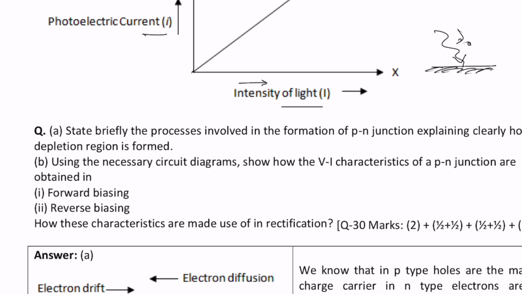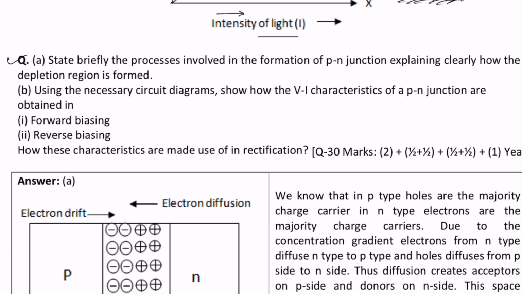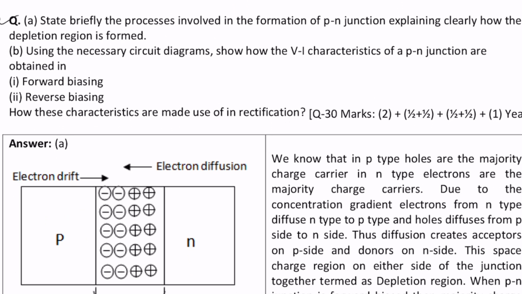Now, next question: state briefly the processes involved in the formation of a p-n junction, explaining clearly how the depletion region is formed. Suppose this is p type, this is n type.